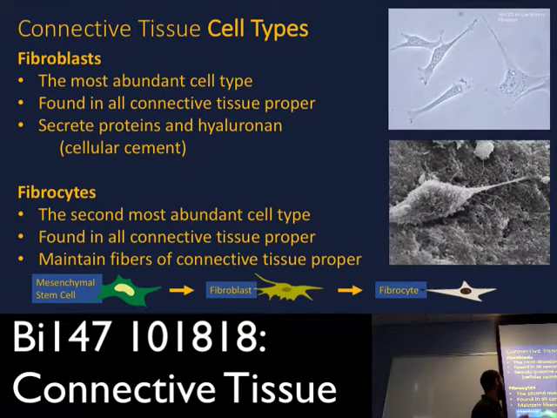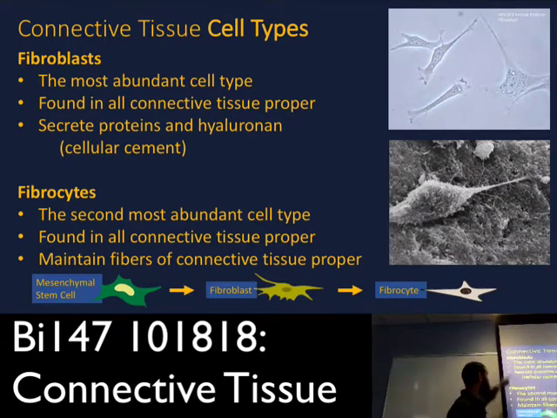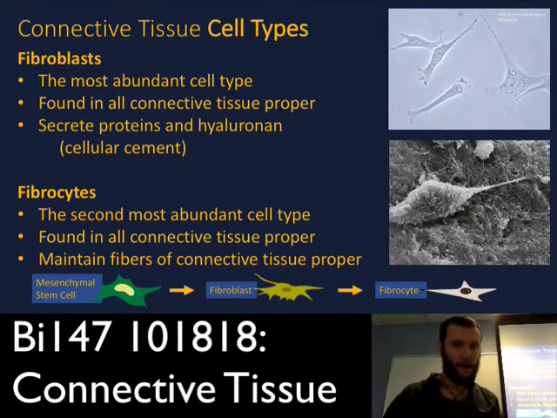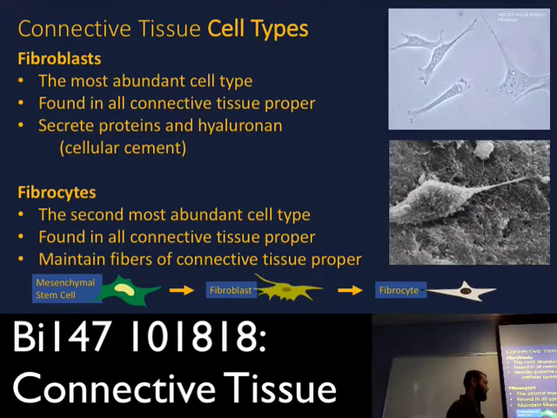If you see cyte on the end of a word, that just means cell, and so that is a mature cell of some sort. These are both cells that like to make fibrin, a structural protein. So fibrocytes are just fibrin-producing cells. They're second most abundant, and they help maintain the fibers.